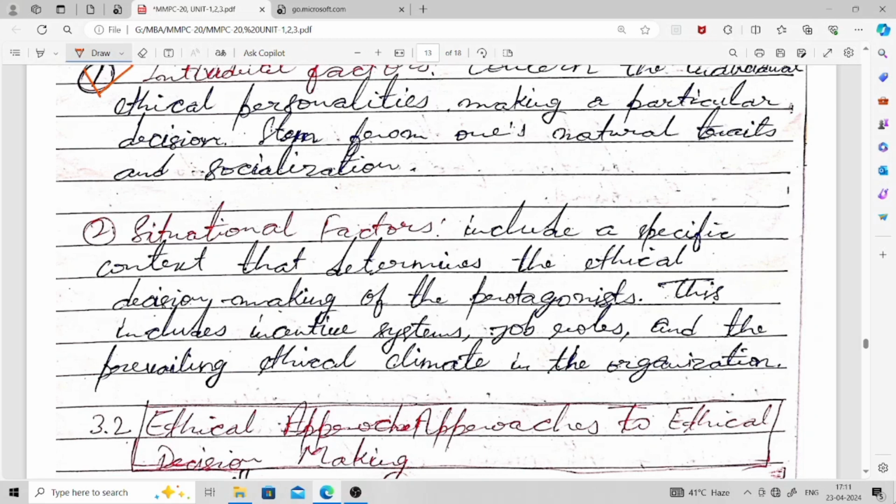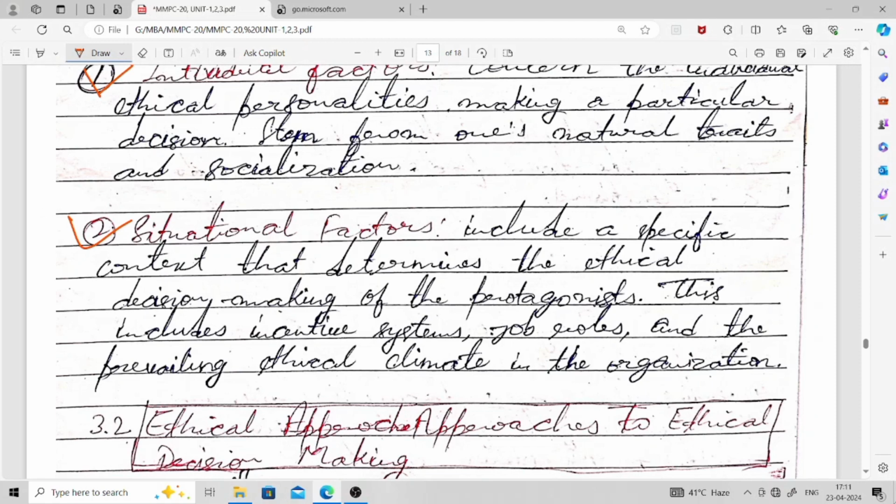And in some other organizations, being ethical is valued, so in those organizations ethical decisions are preferred. People will be more comfortable taking decisions in an ethical way in organizations where the ethical climate is positive. That was about the second, situational factors.